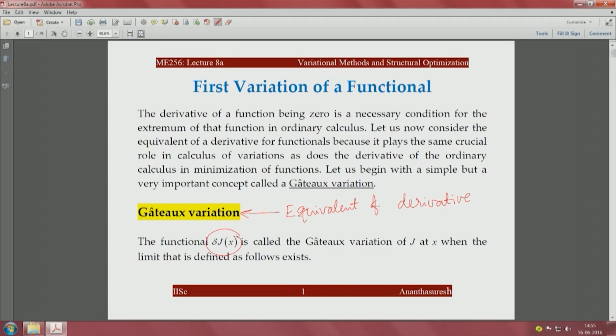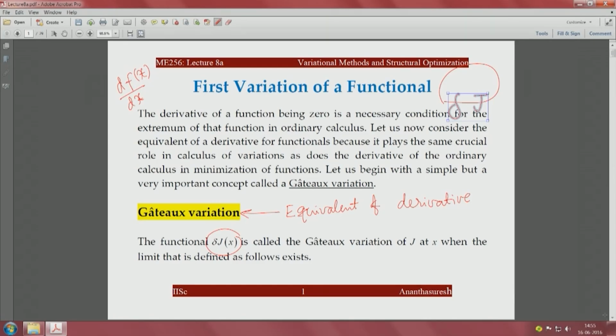If j is a functional, we put delta there. That indicates that this thing is the variation of j. Just like we have a function f of x, to write the derivative we say df by dx, in a similar way we write delta j. That is our Gateaux variation.